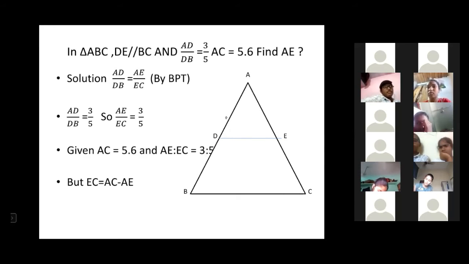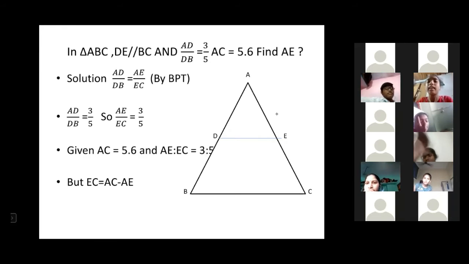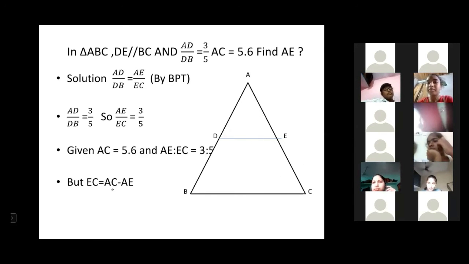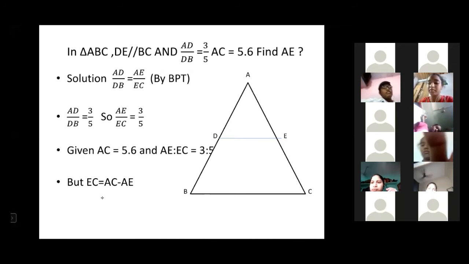But how can we get the EC portion? AC minus AE is equal to EC. So EC equals AC minus AE.